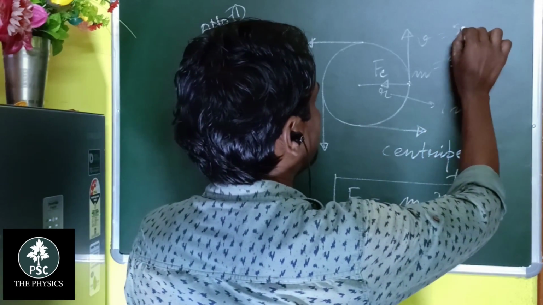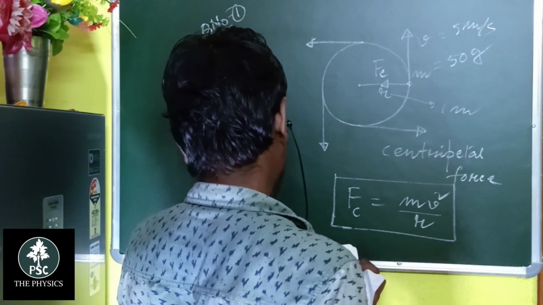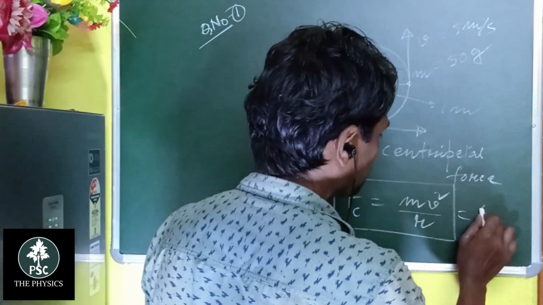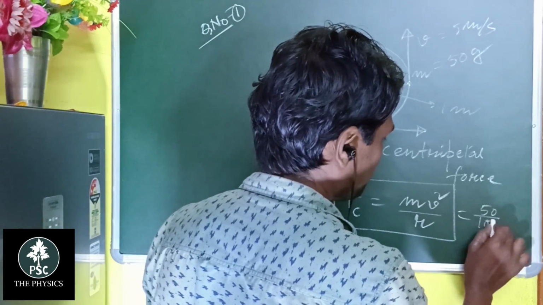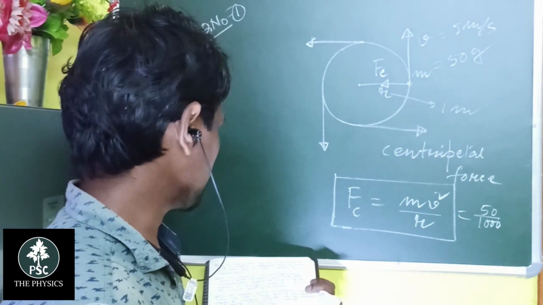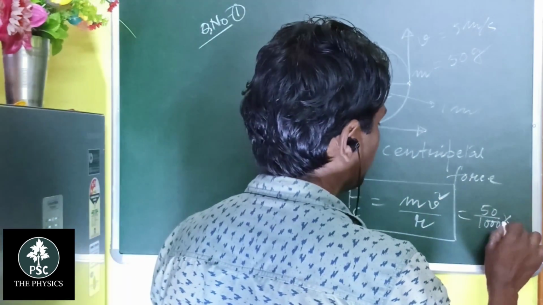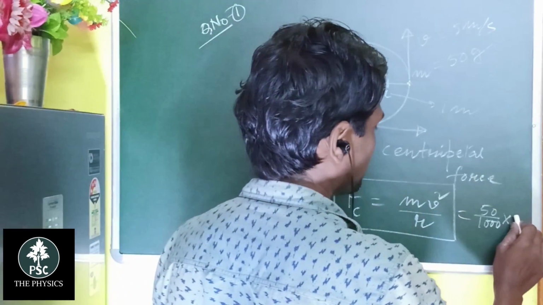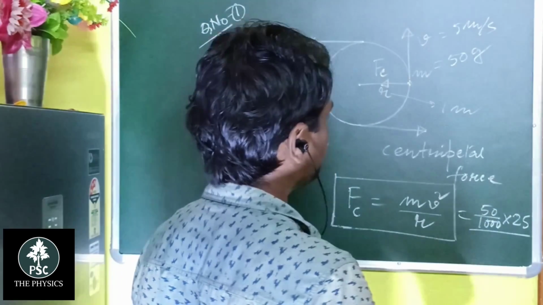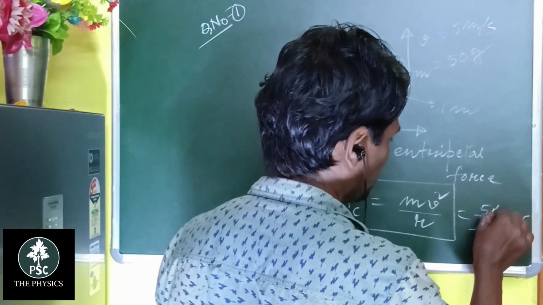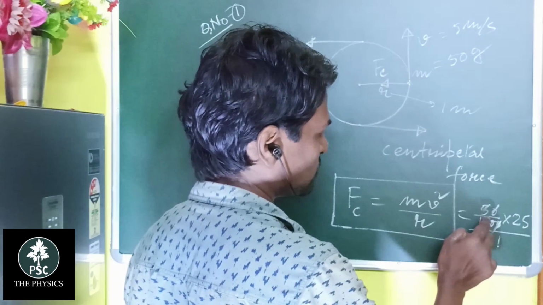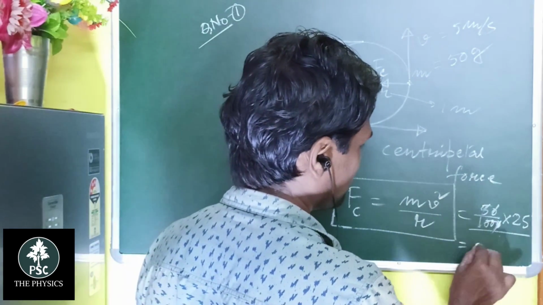Calculate the centripetal force. The mass m is 50 gram, so divide by 1000, since 1 kg equals 1000 gram. Next the velocity: 5 meter per second, and 5 square equals 25, in mv square by r. The radius is 1 meter. So the answer is 1.25 newton.